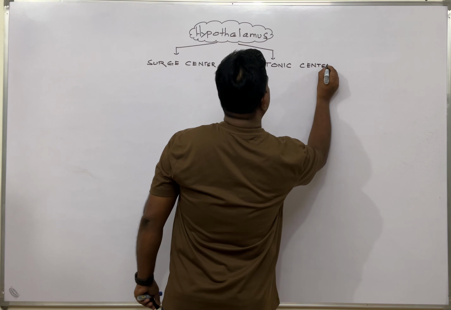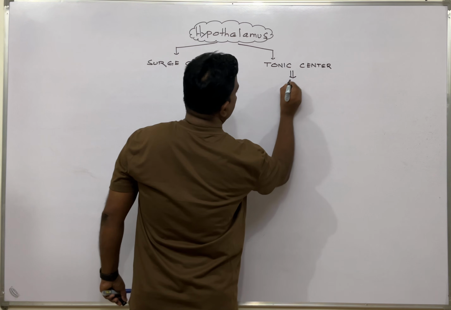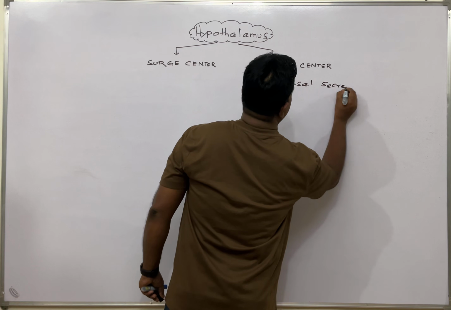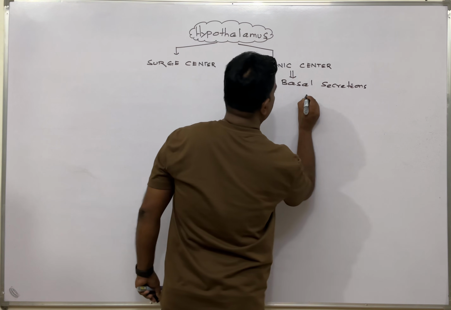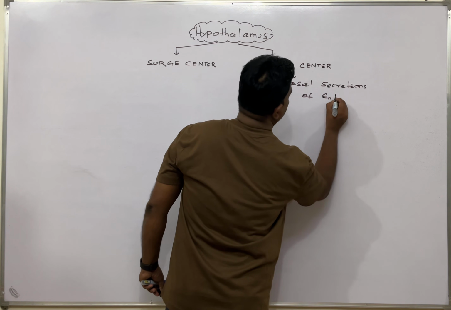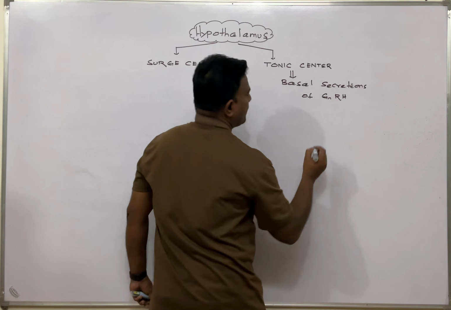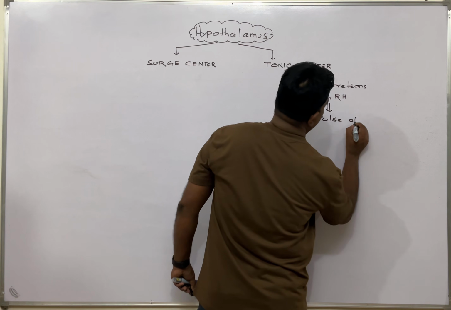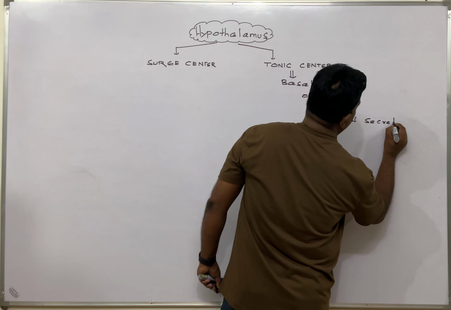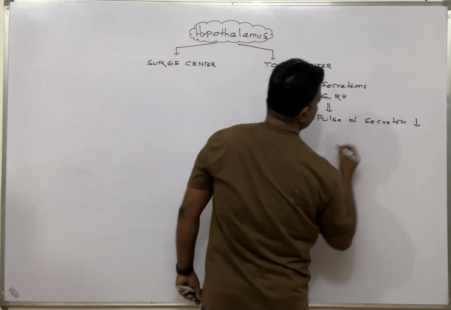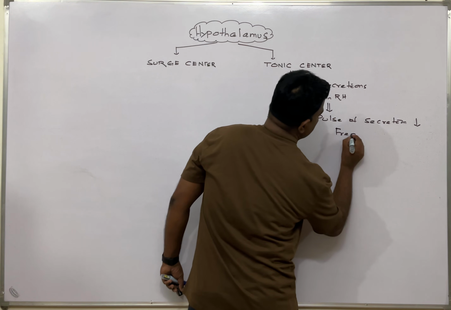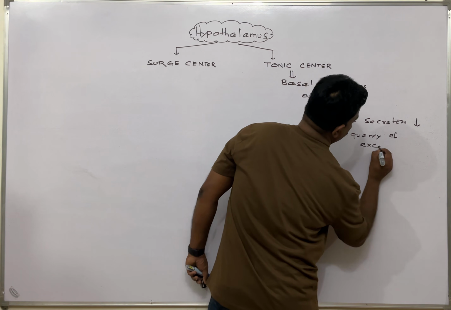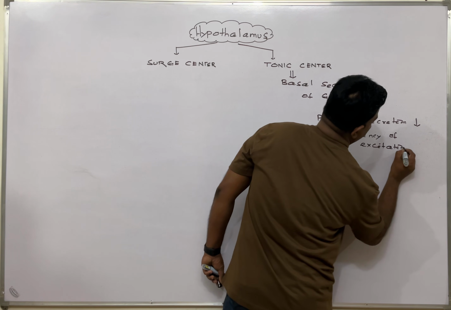The Tonic Center causes basal secretions of, this point is important, basal secretions of GnRH, and here the pulse of secretion is less and the frequency of excitation is also less.